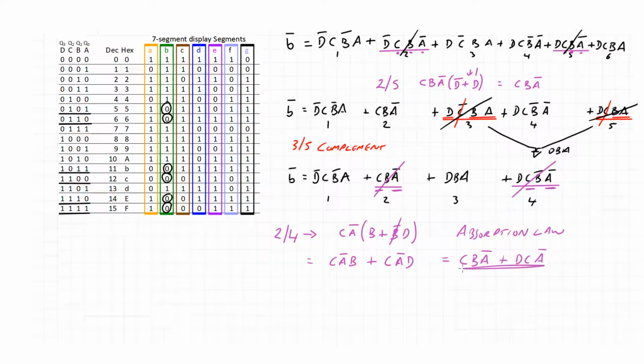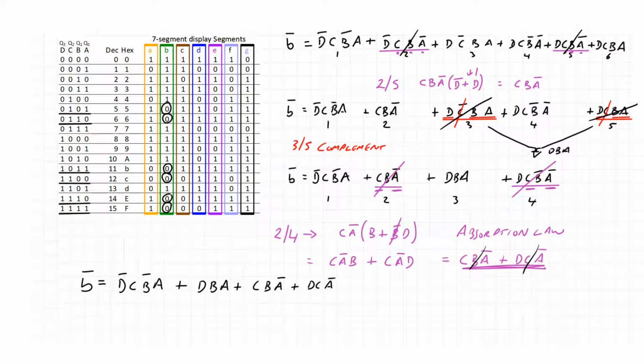So we'll cross them off, use the two that came as the output from the absorption law and regroup. So not B is equal to not D, C, not B, A, or we already had D B A, or the two terms that we just came up with from the absorption law, C B not A or D C not A. I usually cross them off as I've written them down so I don't duplicate and bring things back into the expression.